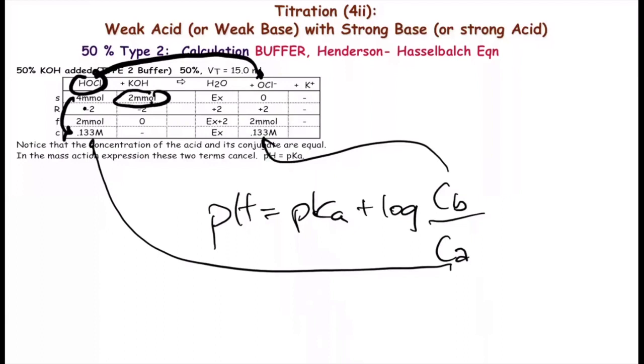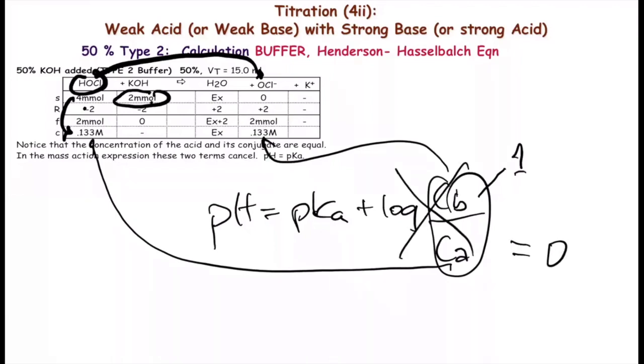Well, these values are the same based on simplifying assumptions. So the ratio goes to 1, the log of 1 goes to 0, and because it goes to 0, the pH is equal to pKa.